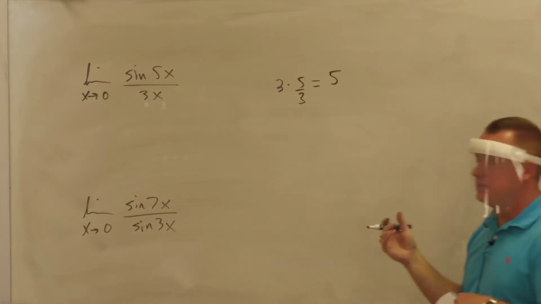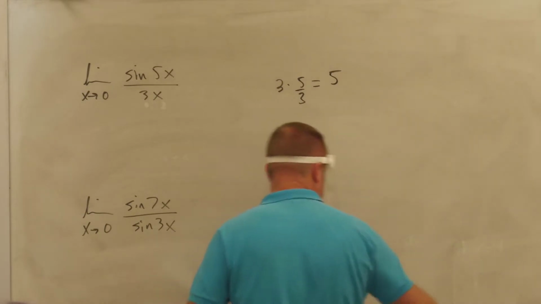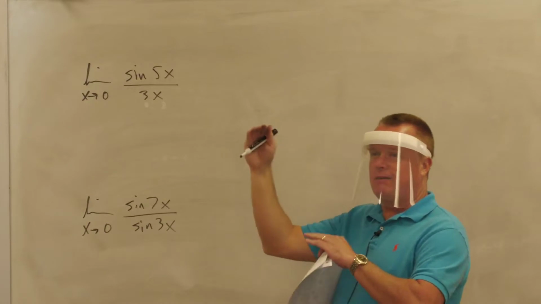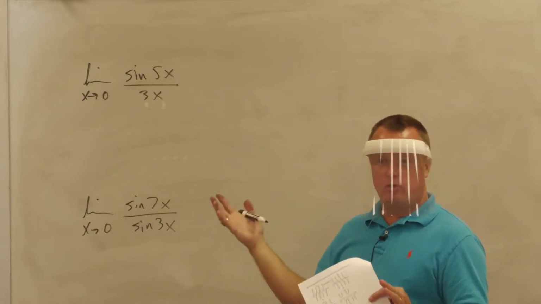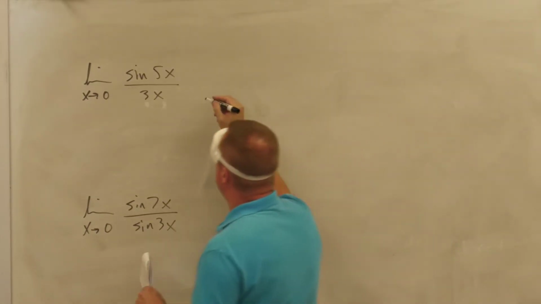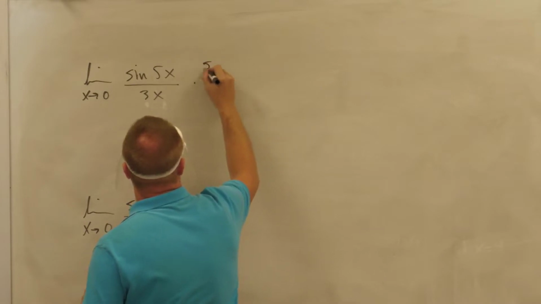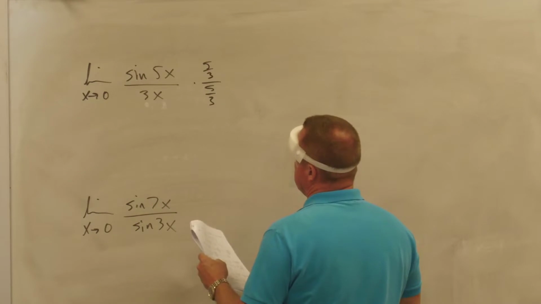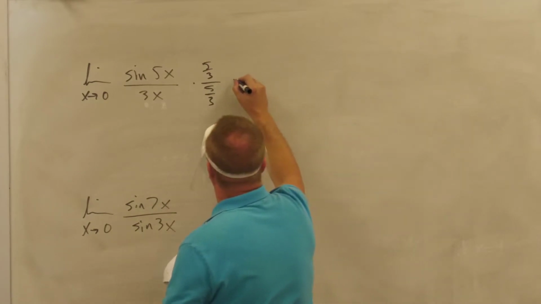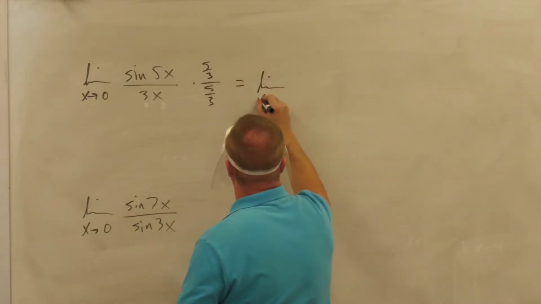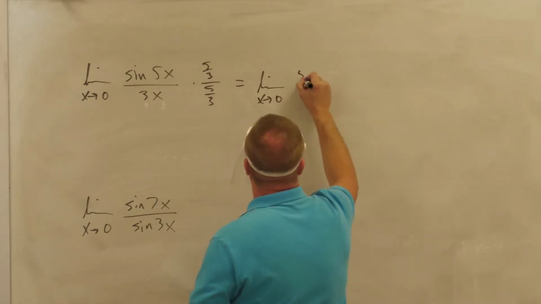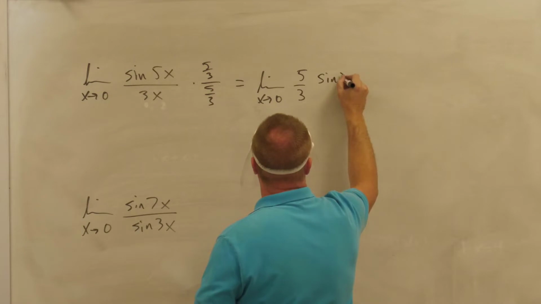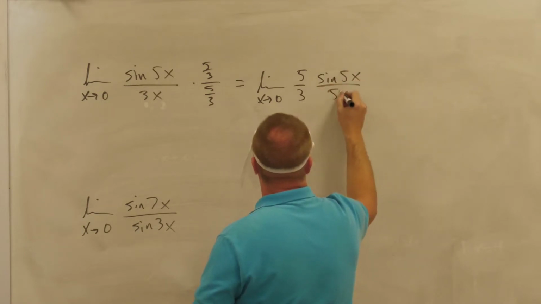So let's take this and multiply the top and the bottom, because if you always multiply the top and bottom by the same thing, you get an equivalent fraction, right? So I'm going to multiply by 5/3 over 5/3, okay? So that will give me the limit as x approaches 0 of 5/3 times sine 5x over 5x.